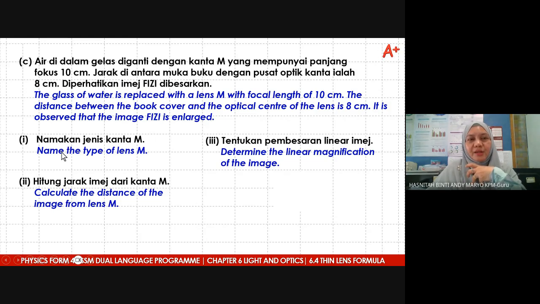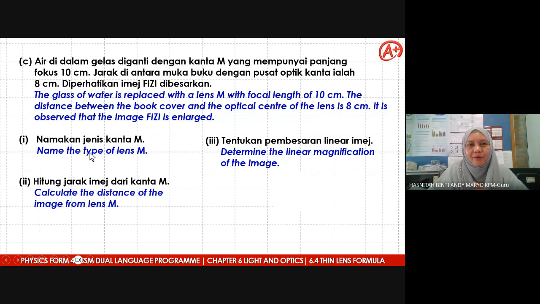The first question: name the type of lens M. So what type of lens is lens M? Convex or concave lens, students? The keyword is here: image physics is enlarged.